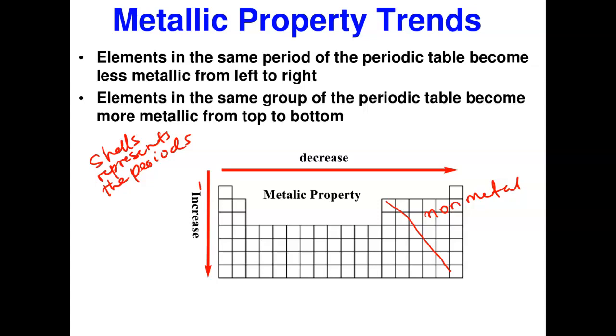So as you go down the group, you're adding more shells, and the electrons in the outermost shells are far apart, which tells you that the metal could easily react more by releasing its electrons. So what is the trend? If we go from left to right across the period, the metallic trend decreases, and as we go down the group, the metallic trend increases.